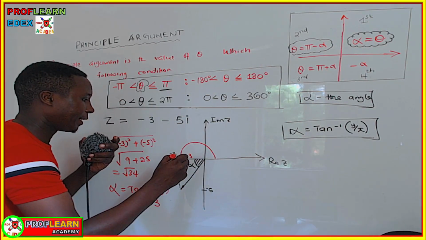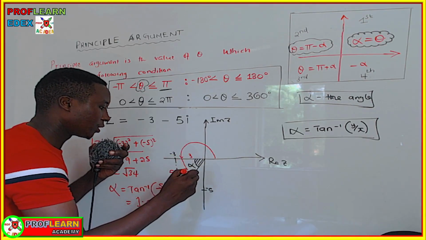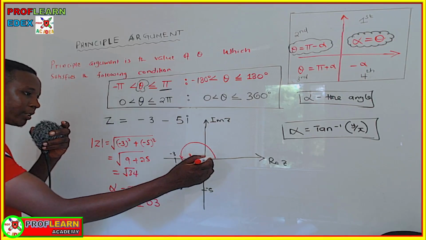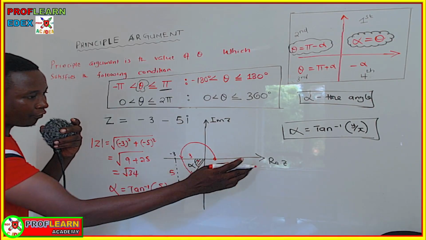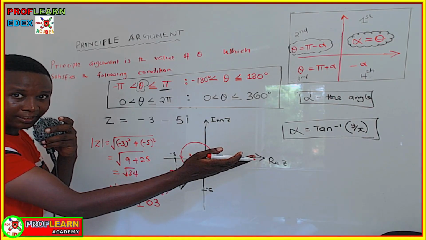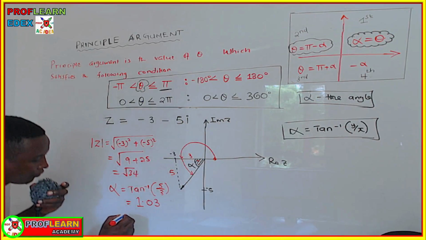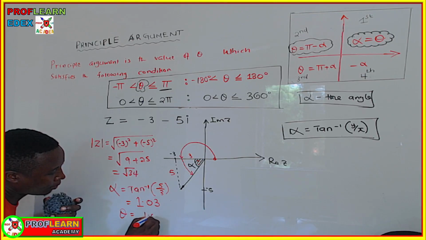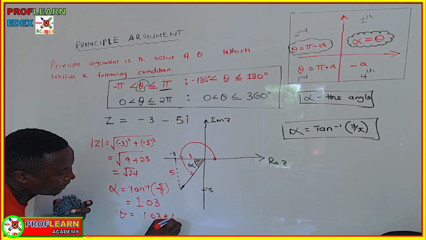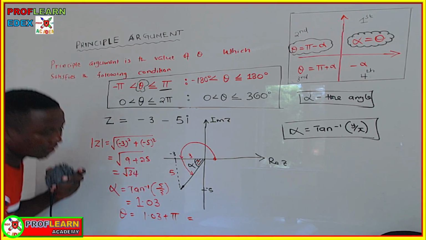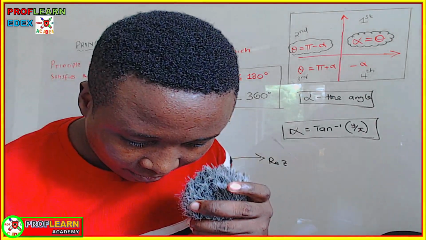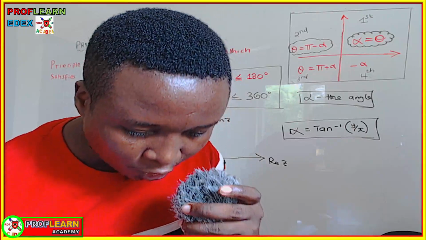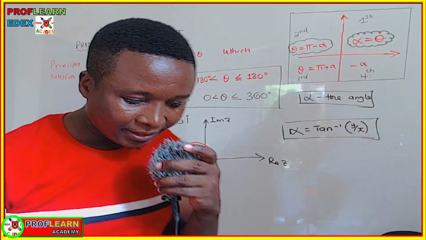We have pi, then we add the alpha that was at this given point, because the angle formed from the positive part of the real axis is equivalent to theta, which is alpha, 1.03, plus pi. If I add my pi, I'm going to have 4.17.